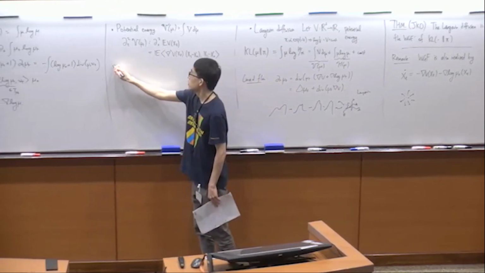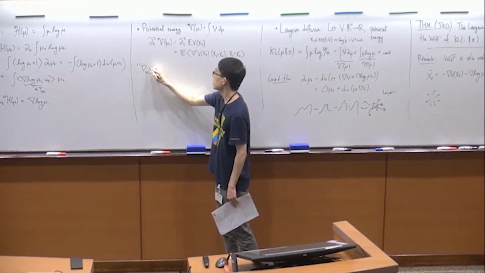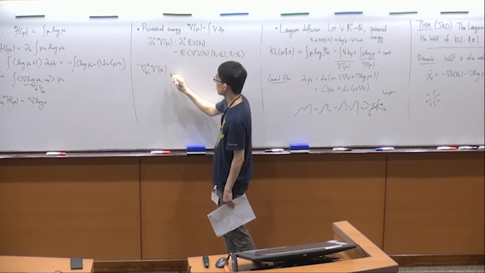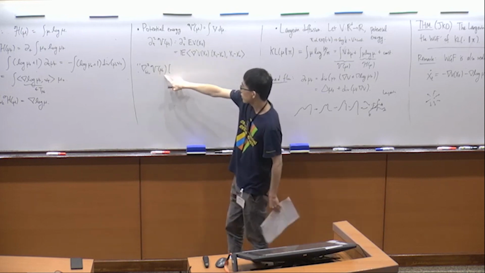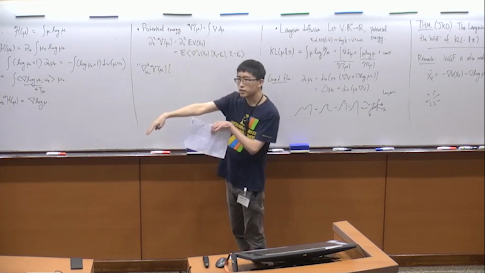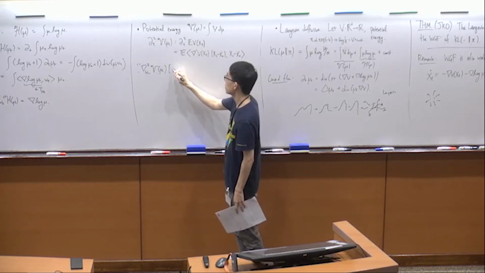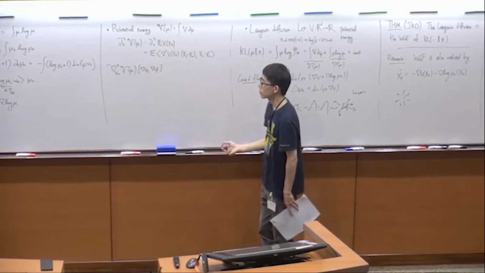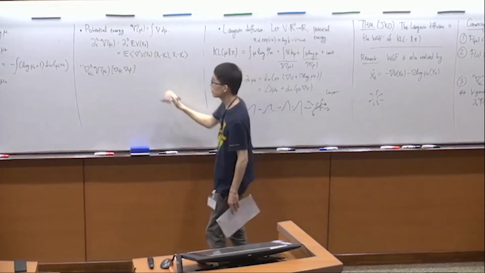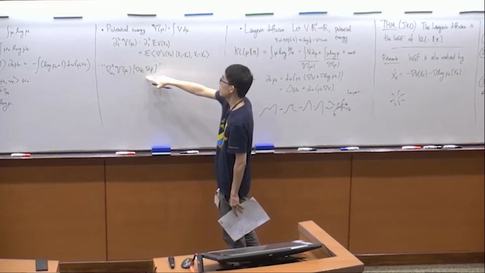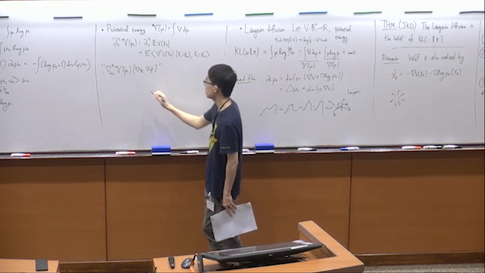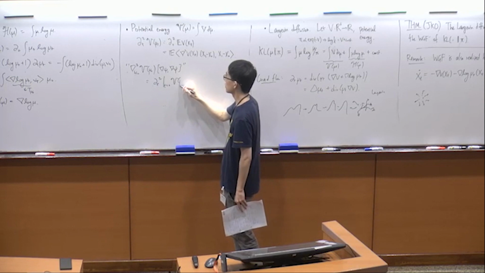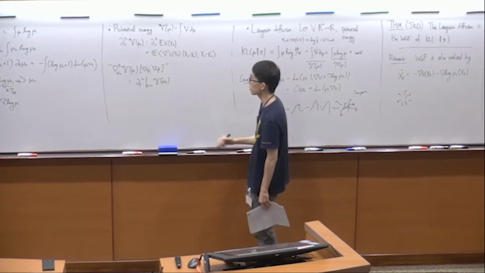In particular, the Wasserstein Hessian of this potential energy at mu0 should eat two tangent vectors and give me a number out. The two tangent vectors it eats are the tangent vector grad psi at the start of this curve. So this Wasserstein Hessian evaluated at these tangent vectors is the second time derivative of this potential energy along the curve.